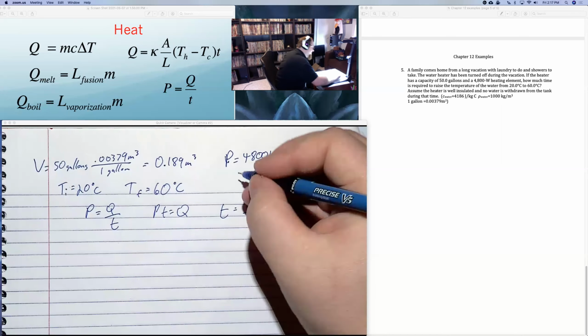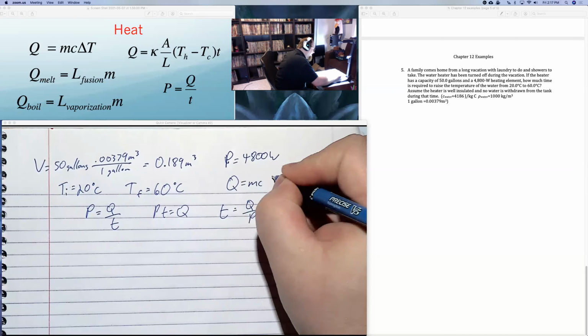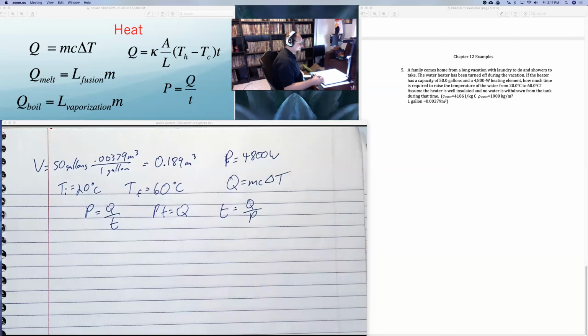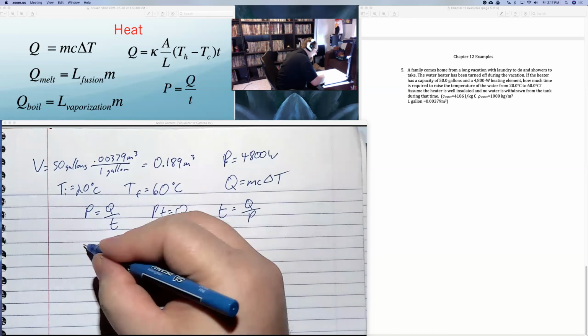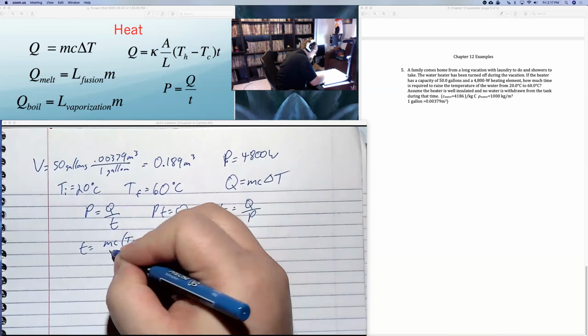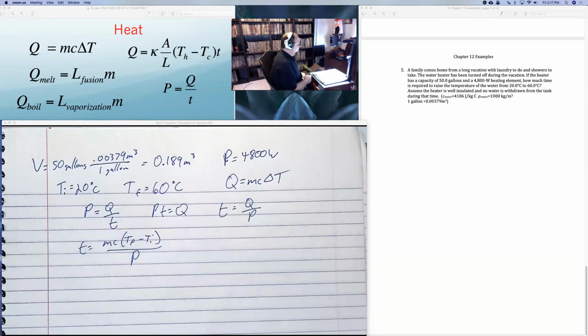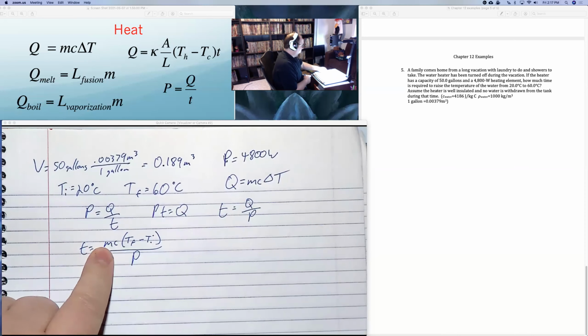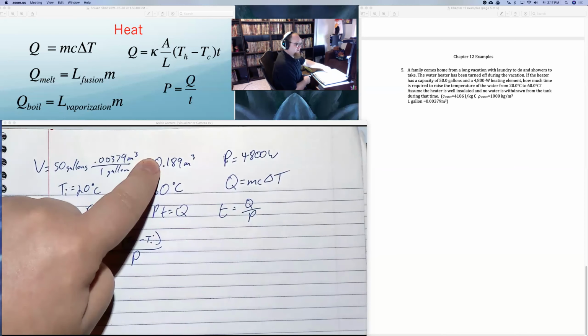And we know the heat of something changing temperature, that's mc delta T. So that means the time is going to be mc (T final minus T initial) over the power. Now, I don't know the mass. I know the volume.